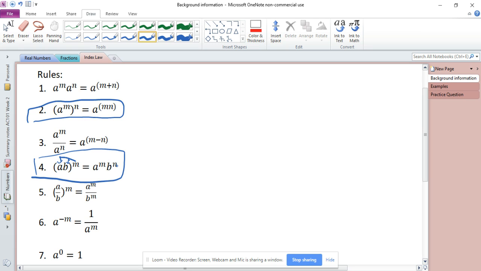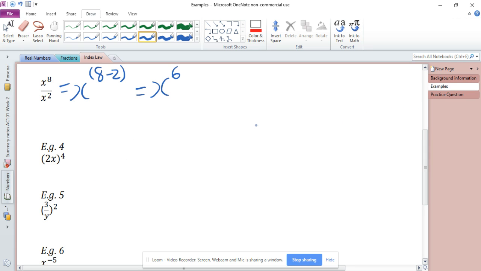Oops, my bad, that should be m. Okay, so 2 power 4 times x power 4. If you want to find what 2 power 4 is, 2 power 4 is nothing more than 16.